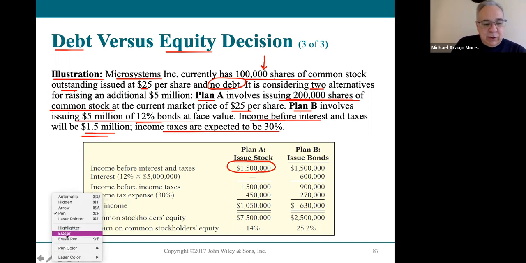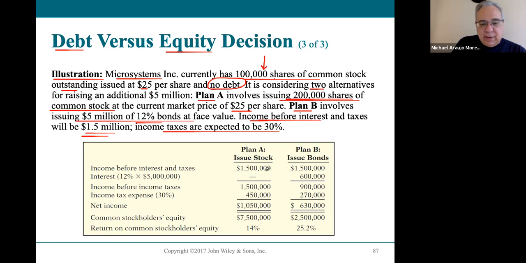I wanted to do one thing here. Let's erase this piece because I circled the wrong thing. So for Plan A, if they issued stock, what would happen is not up here, but down here. I made the mistake.